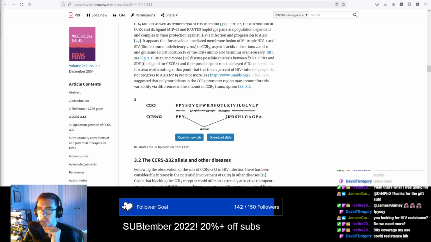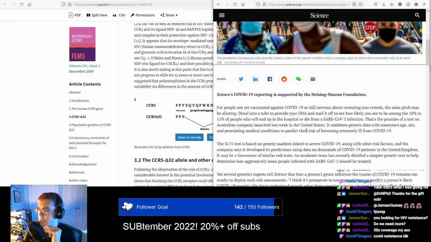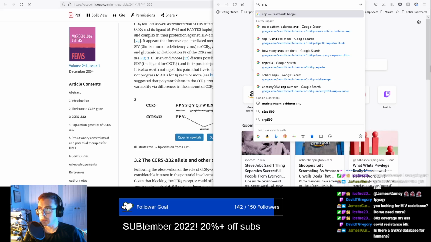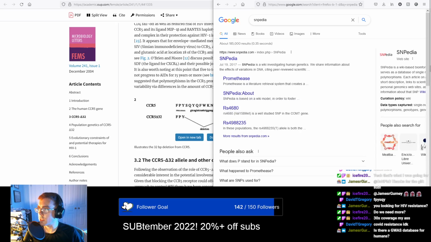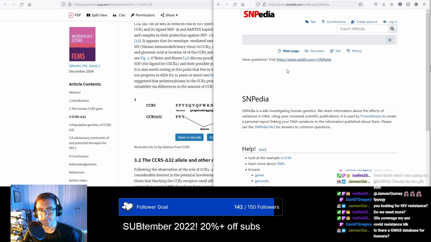All right, this is an article from Science. There is a GWAS database for humans. One of them is SNPedia, the less bioinformatic-y version.